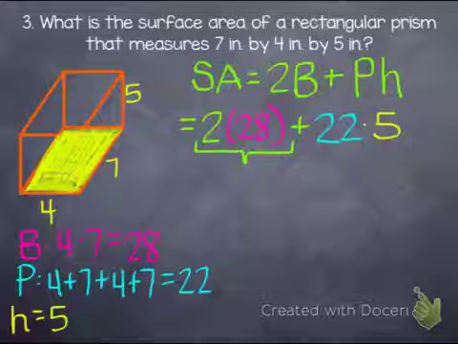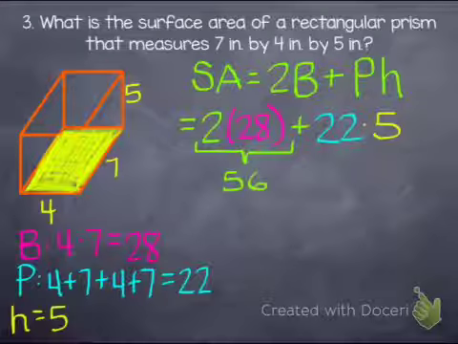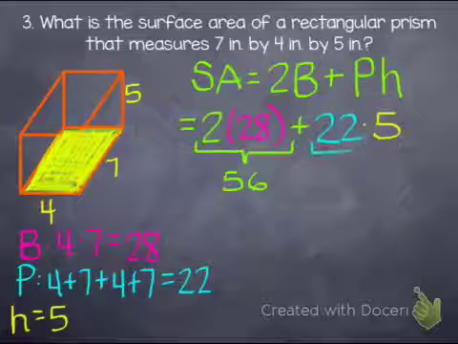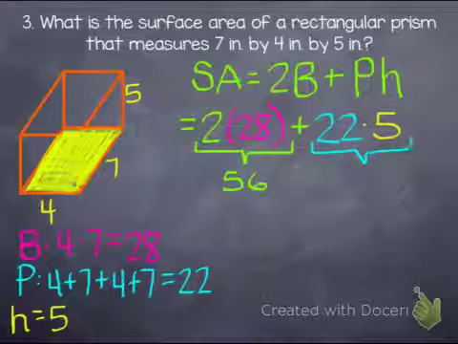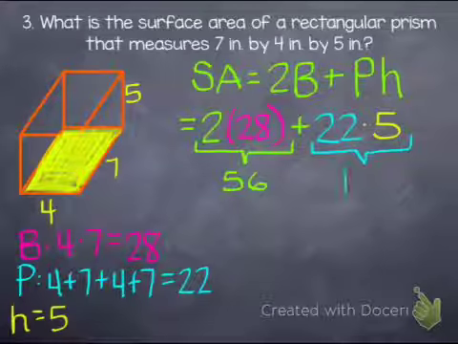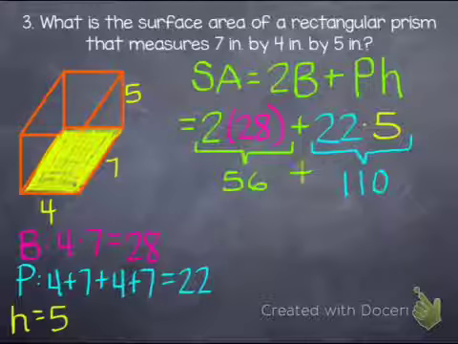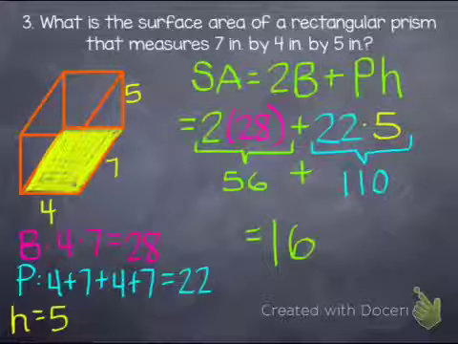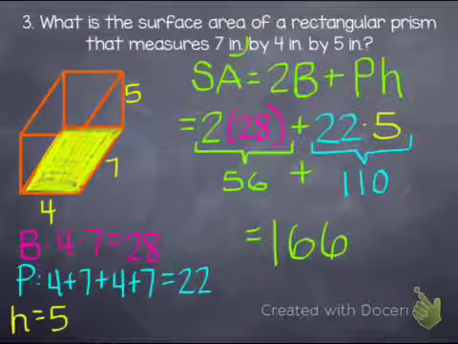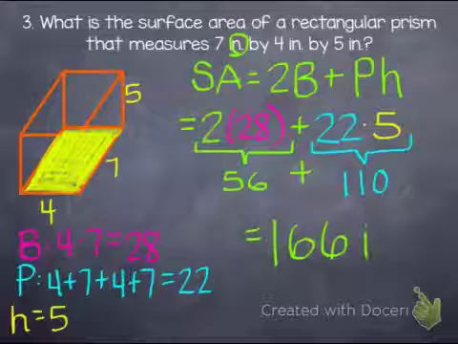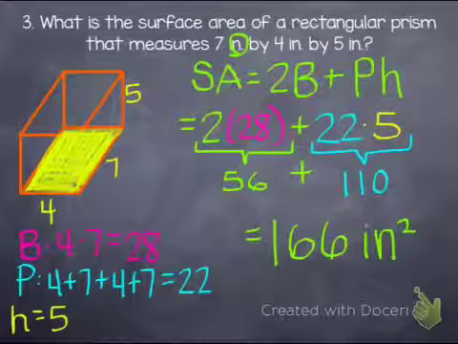So 2 times 28 is 56, and then 22 times 5 is 110. And we're just going to add those together for a grand total of 166. Original measurements were in inches, and we found surface area, which is squared.